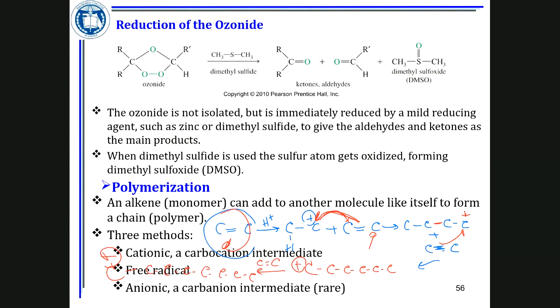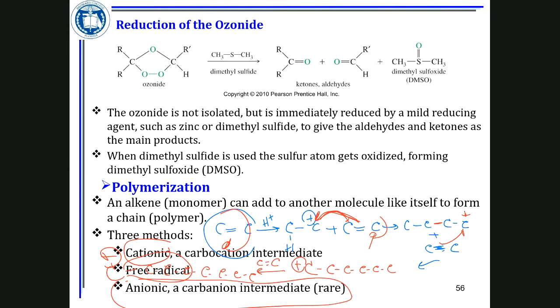So cationic, the carbocation intermediate, is the example I have here. You bring an acid catalyst to generate the first carbocation, and the carbocation attacks the alkene and produces more carbocation. You could also have a free radical, or an anion, carbanion intermediate, which is rare.